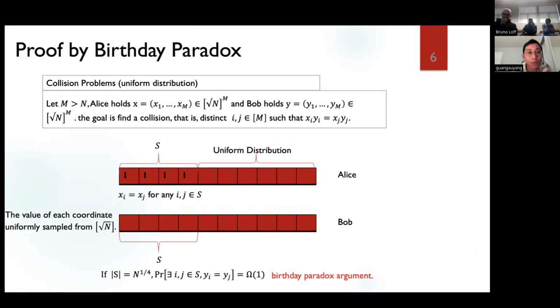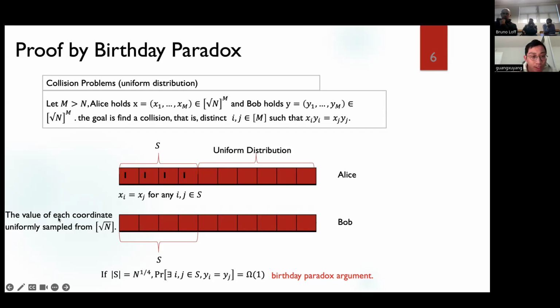Okay, so the proof is as follows. This is Bob's view of Alice's message. In Bob's view, if Alice sends some coordinates, there are some coordinates with the same value, and the other part is a uniform distribution. So Bob only needs to check this part, S, to see whether they have a collision.